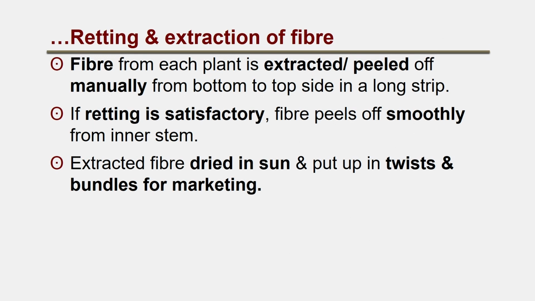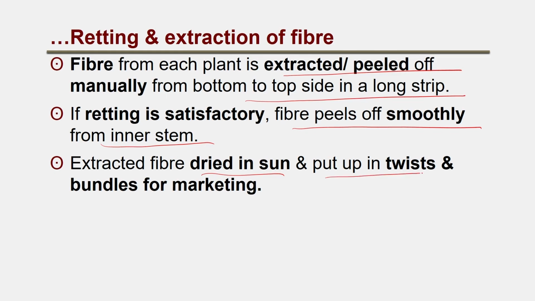Fiber from each plant is extracted or peeled off manually from bottom to top side in a long strip. If retting is satisfactory, fiber peels off smoothly from inner stem, but there may be difficulty if retting is not complete or is over-completed. Extracted fiber is dried in sun and put up in twists and bundles for marketing.